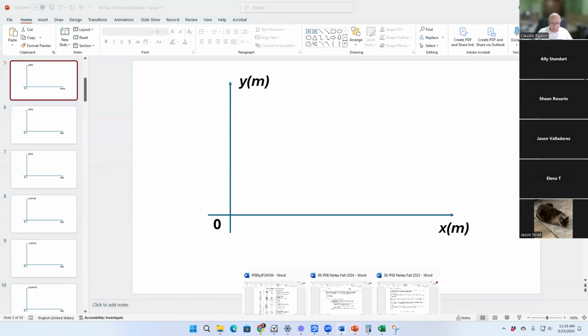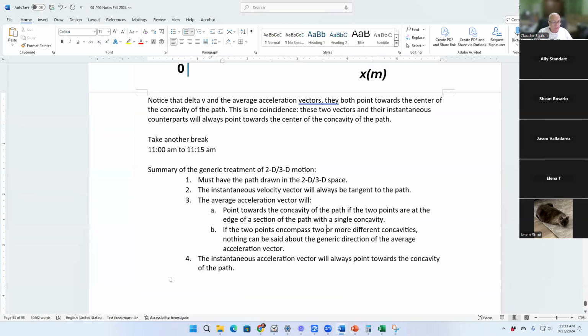So what types of graphs may we have in 1D, 2D, and 3D motion, right? So the answer here is the following: 1D motion.